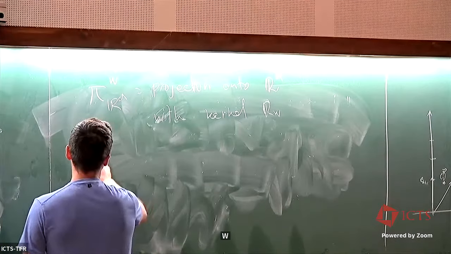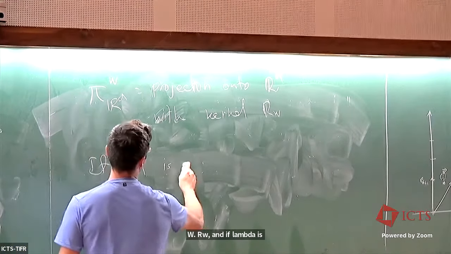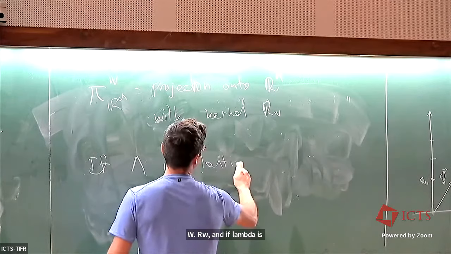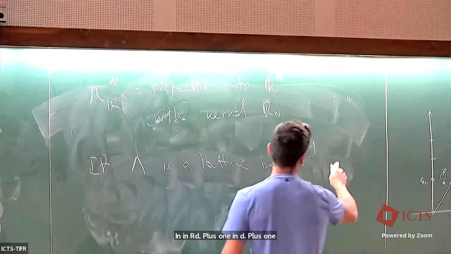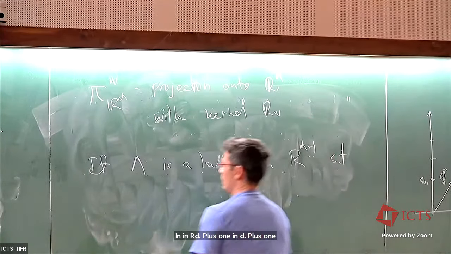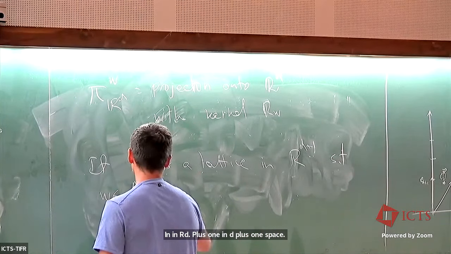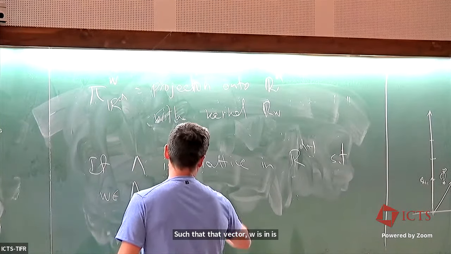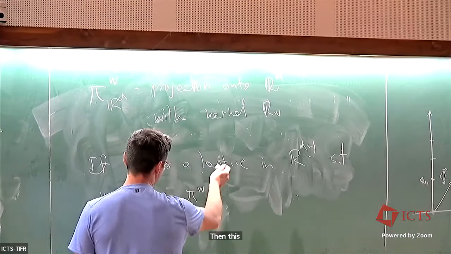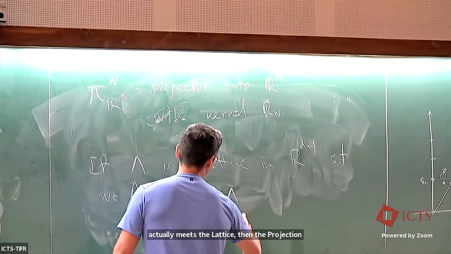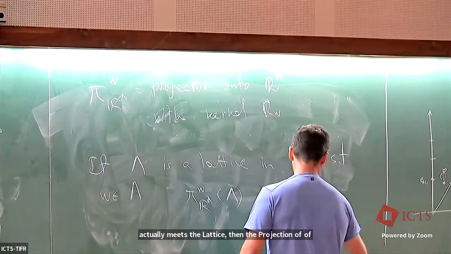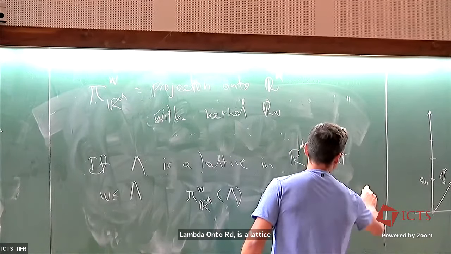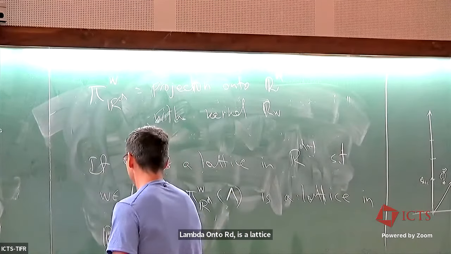And if lambda is a lattice in R^{d+1}, in (d+1)-space, such that the vector W is in lambda, then since the kernel of the projection actually meets the lattice, the projection of lambda onto R^d is a lattice in the horizontal R^d.